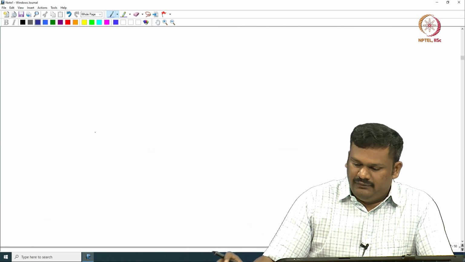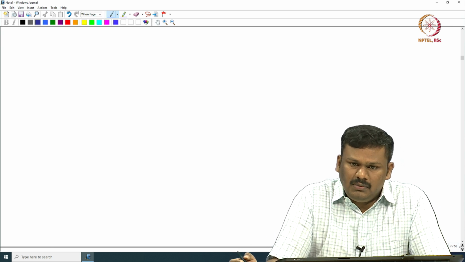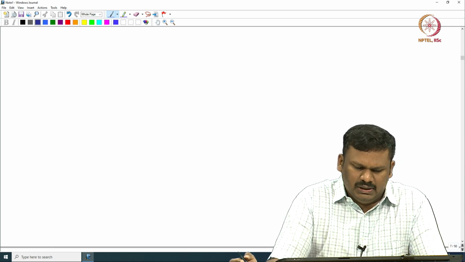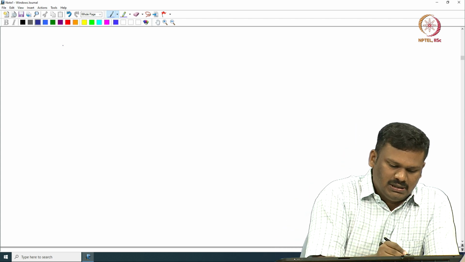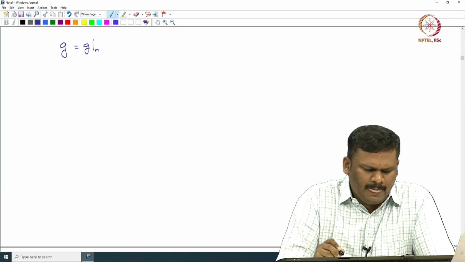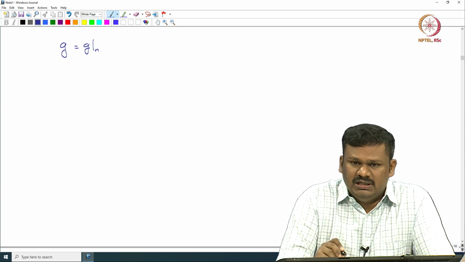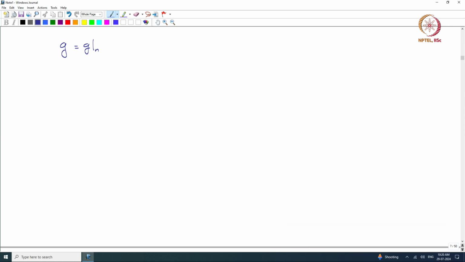But given a representation, one will be able to compute it without any difficulty. So, let us do some examples. Because we are only interested in GLn or SLn, let us do some basic computation. So, let us take G to be GLn. We can take B to be the trace form.